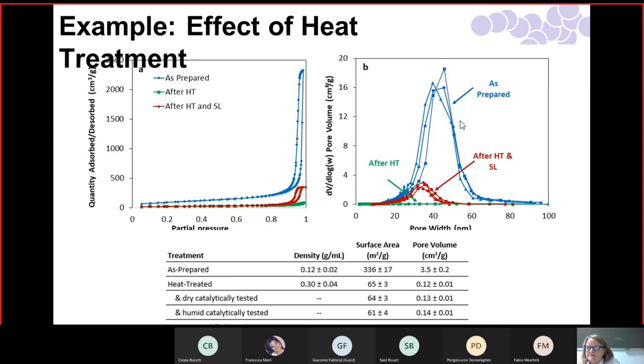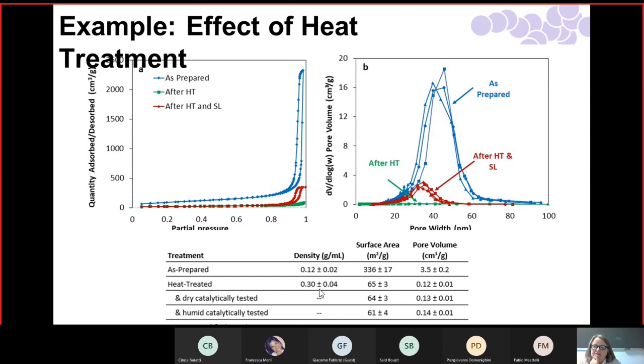But the average is in the 40s. So this is the as prepared material. Then we heat treat it to 800 degrees C. And when you do that, it densifies. So you go from a density of about 0.1 to a density of about 0.3 when you heat treat it.